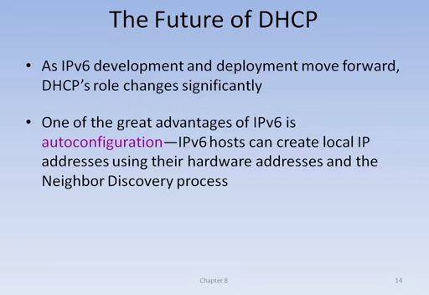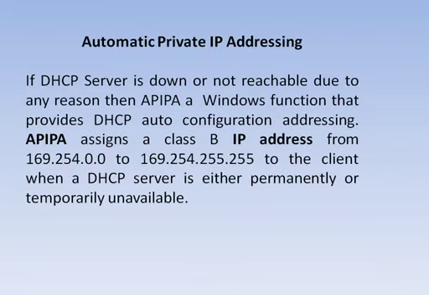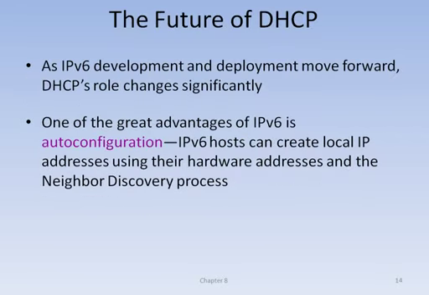Future of DHCP. Hope you understand the DHCP processing and how to configure DHCP on a Cisco router. Everything I have discussed is about IP version 4. IP version 6 development and deployment move forward and change the DHCP role significantly.